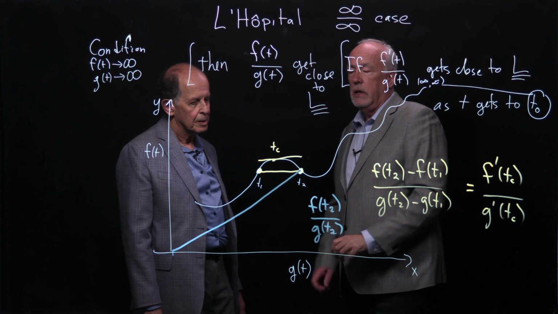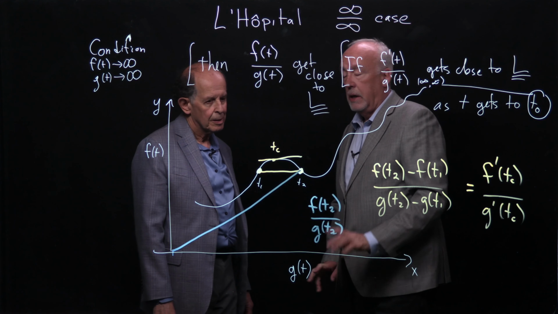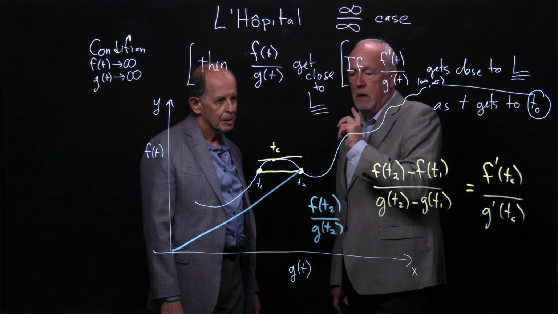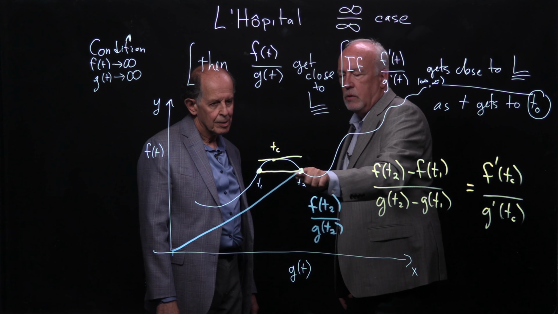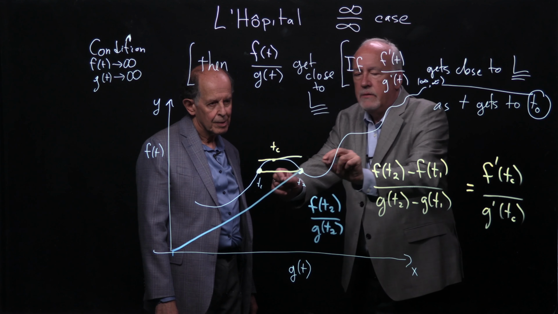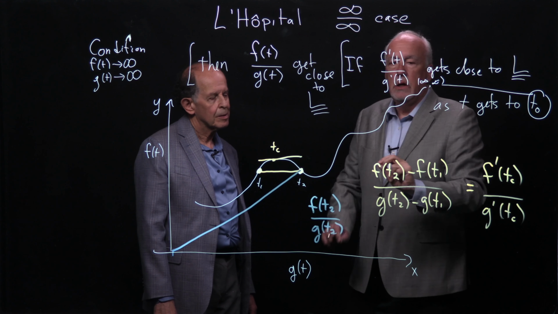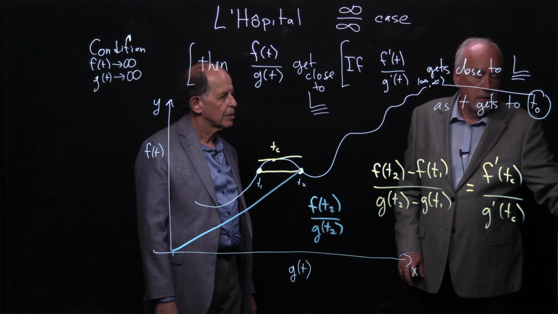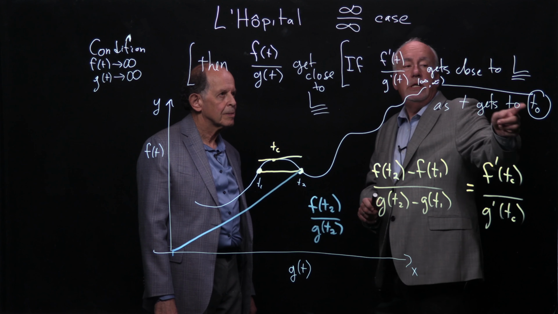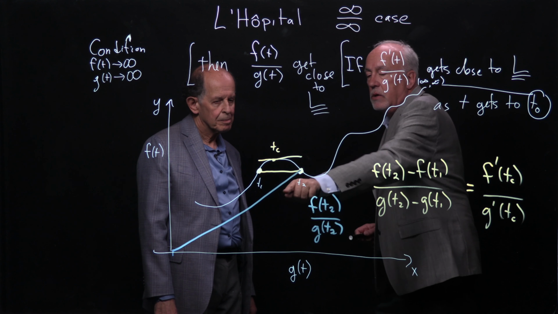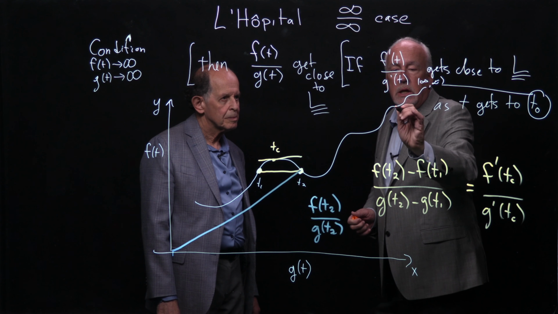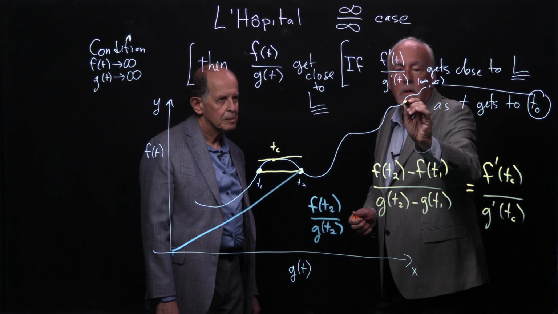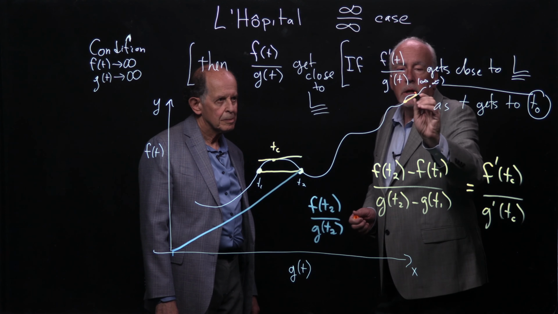Now, the little tricky thing that we have to be a bit careful about is that I fixed these points T1 and T2, but they have to also be going out to infinity. So later on in this limit, as t gets close to t naught, you might want to take some other values close here, for instance, and do this.